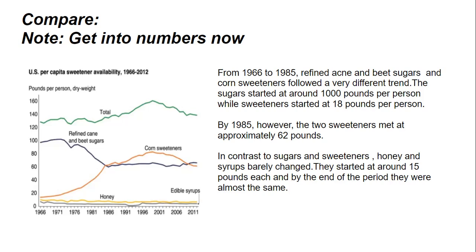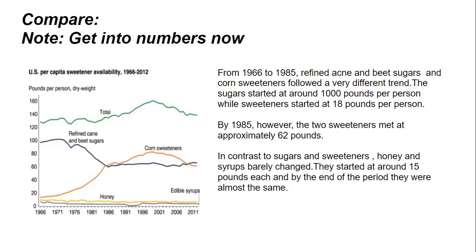Okay, let's begin. From the year 1966 to 1985, cane and beet sugars and corn sweeteners followed a very different trend. How? The sugars started from 100 and the sweeteners started from 18. But in 1985, they both met at 62 pounds.